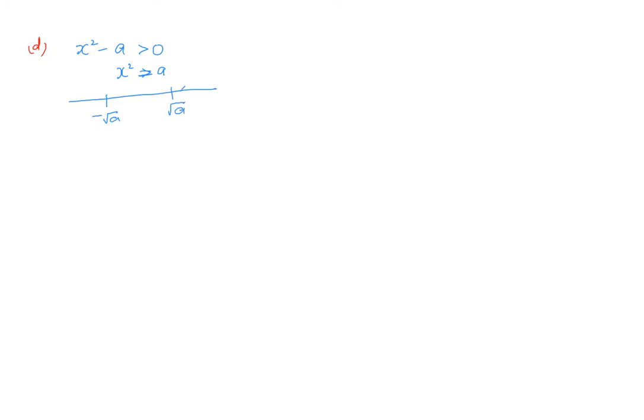You do whatever way you like. So positive, negative, positive. So therefore, your vertical asymptote, oh, this one is talking about vertical asymptote. Then the x-intercept also the same thing. So the vertical asymptote is x equal to negative root A, x equal to positive root A. So x-intercept is also doing the same thing.